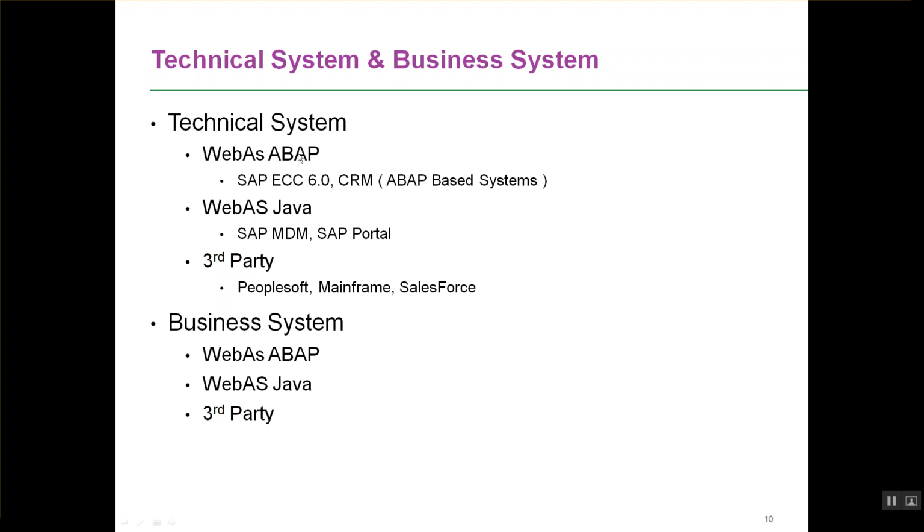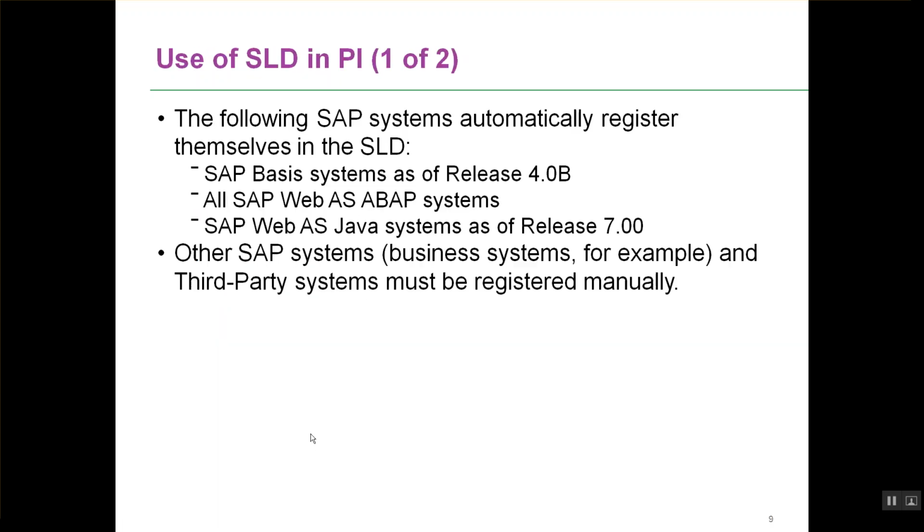Basically, each client of your ABAP system can be correlated to a corresponding business system. Your Java systems have a 1:1 correlation between technical system and business system, and likewise for the third-party system where the correlation is 1:1. Okay.